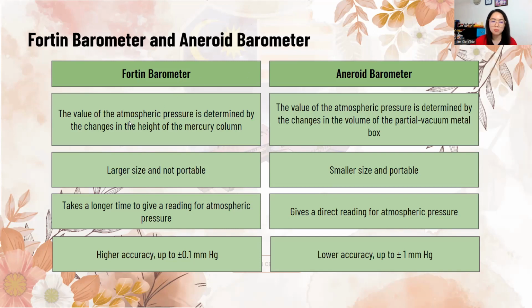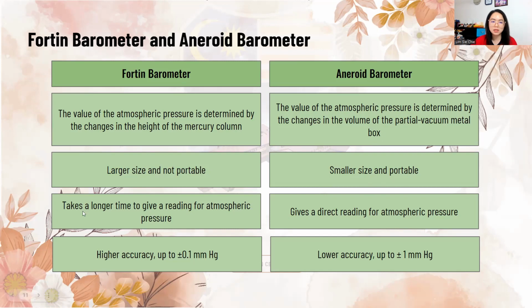For the Fortin barometer, the value of atmospheric pressure is determined by the changes in the height of the mercury column. But for the Aneroid barometer, the value of the atmospheric pressure is determined by the changes in the volume of the partial vacuum metal box. The Fortin barometer is larger in size and not portable, but the Aneroid barometer is smaller in size and portable.